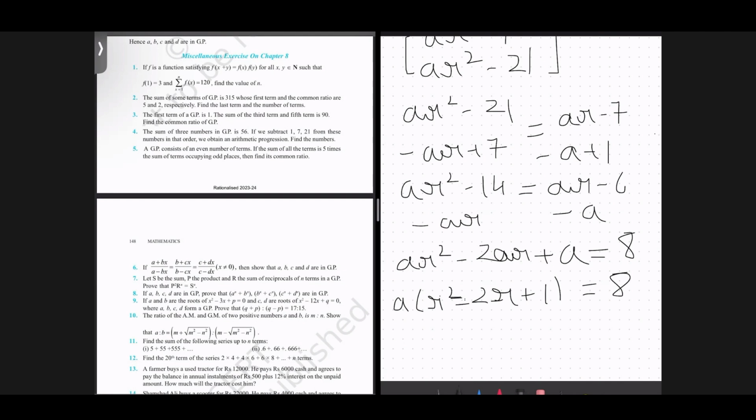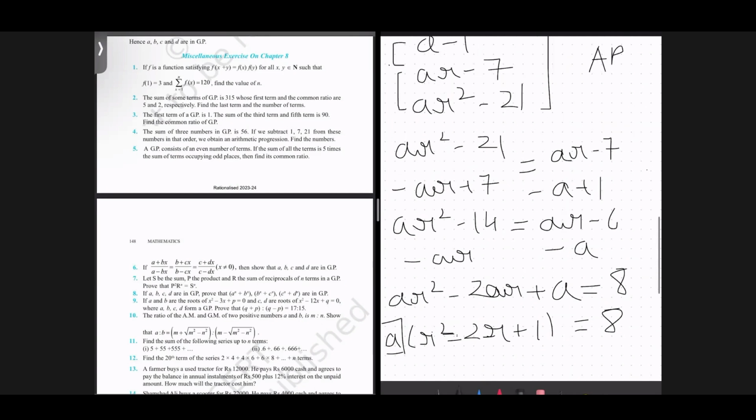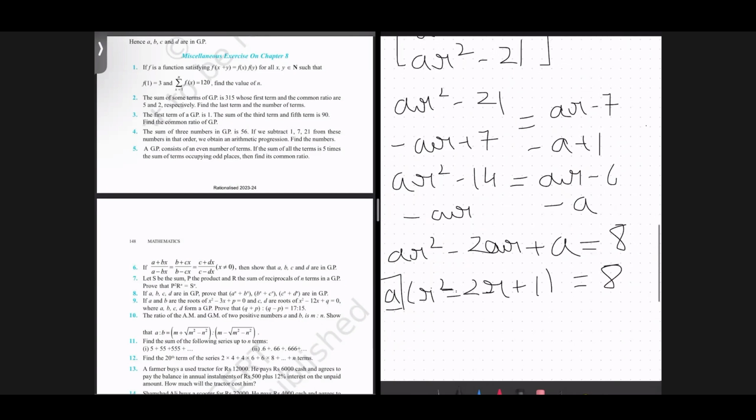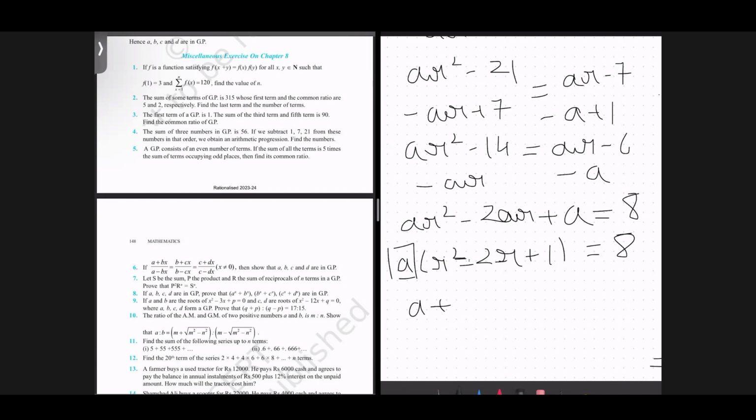Let us try and find out the value of A from the previous equation and plug in that value right here, right? When you do that, what you get is, so we have been told that A plus AR plus AR square equals 56, right?